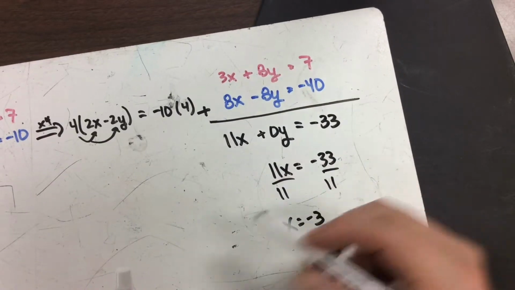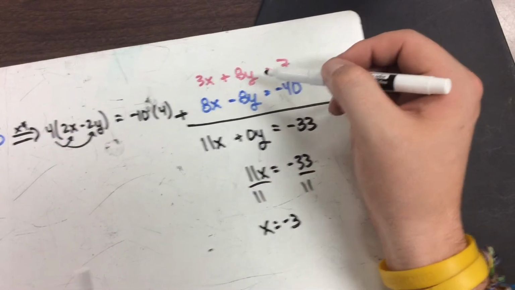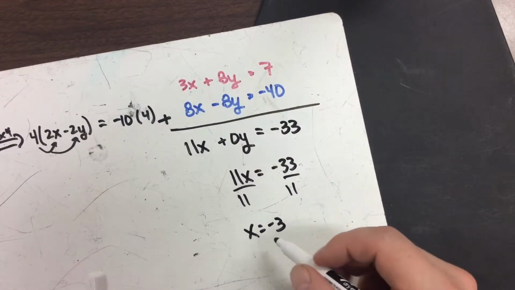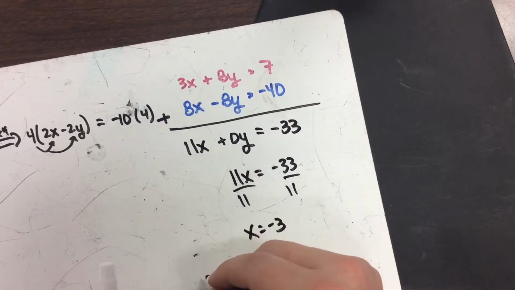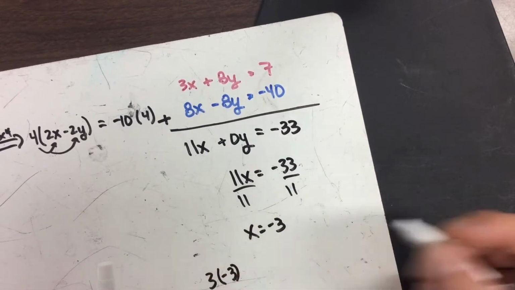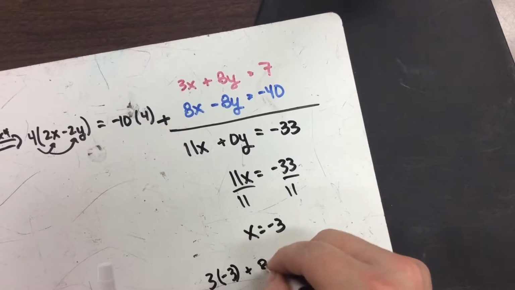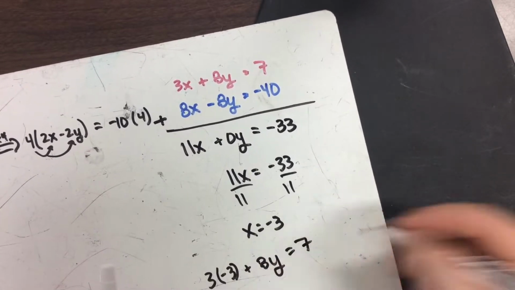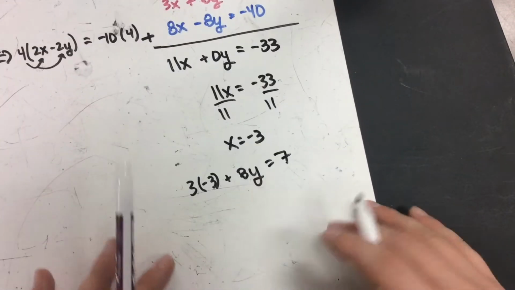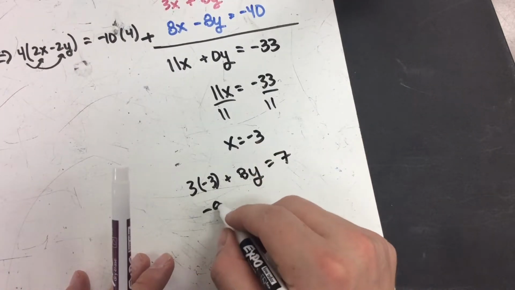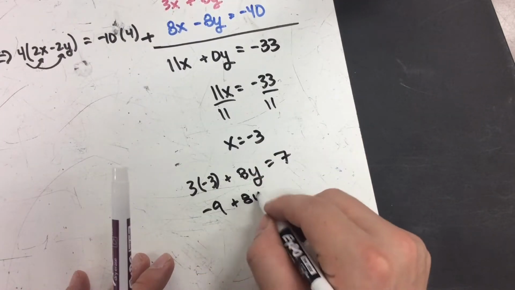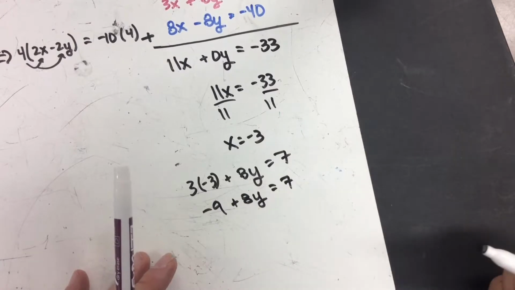So I'm going to plug this x into either equation, pink or blue, it doesn't matter. Let's say I plug it into the pink. It'll be 3 times -3 plus 8y equals 7. As I clean this up, I'm going to get -9 plus 8y equals 7.